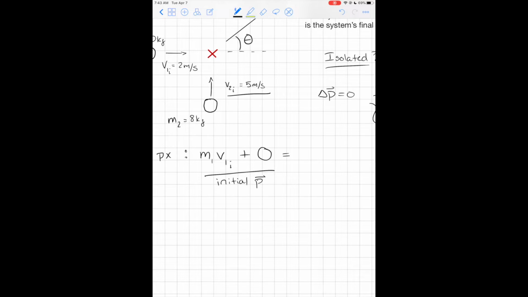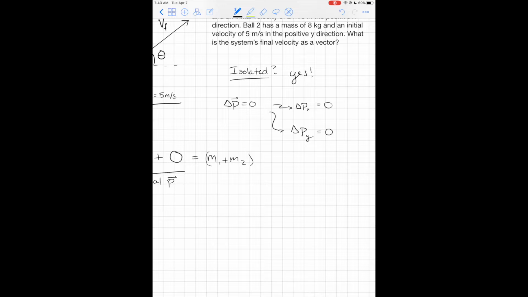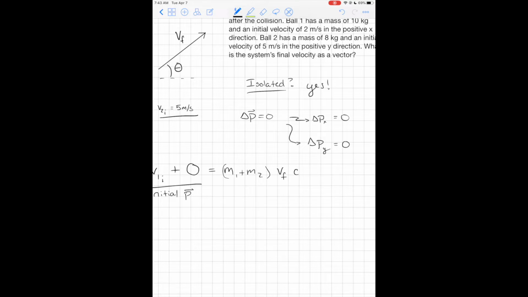Now we're going to say the final momentum, right, is m1 plus m2 because they have collided and moved together now, times vf, but specifically vf, and we're going to have to say cosine of theta.